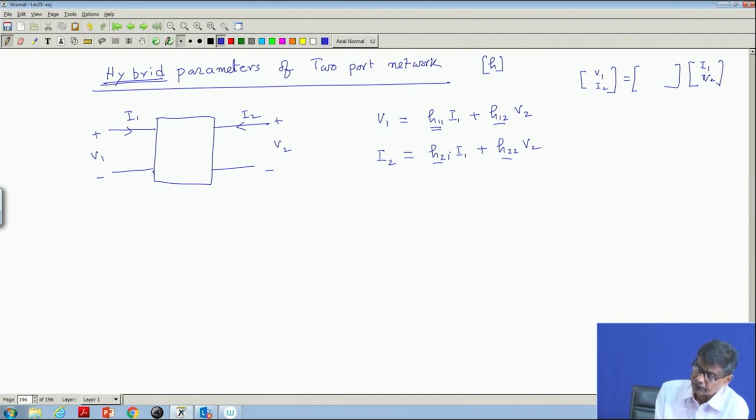Let us see what happens to H11. What will be H11? H11 will be V1 by I1 with V2 equal to 0. This is what it will be, V1 by I1 with V2 equal to 0.